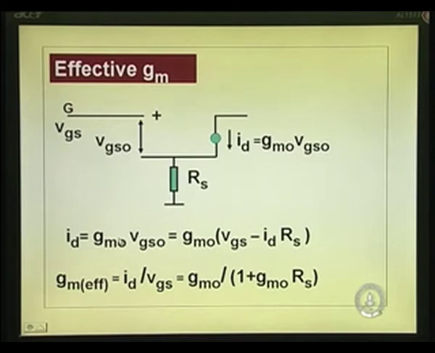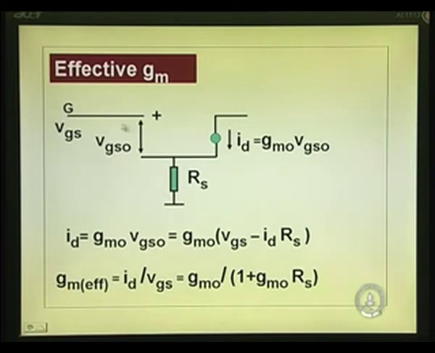Now, that is what I put here. But when the resistance is present, the VGS0 is not equal to the applied voltage VGS, because VGS is shared between VGS0 and RS. The voltage gets divided between the gate and the intrinsic source region and the resistance, because this ID flows through that, from the drain to the source through the resistance.